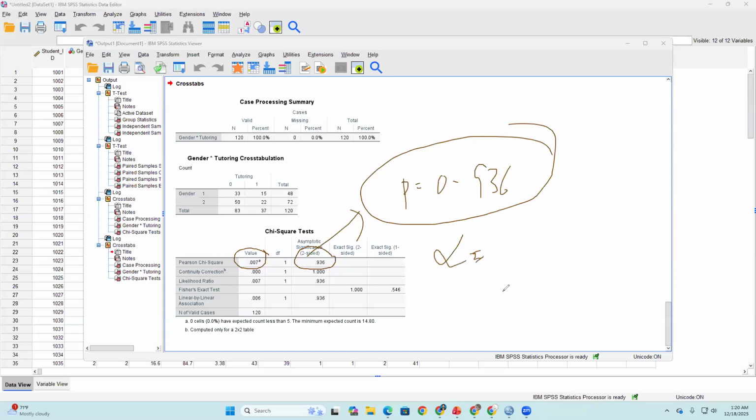What is our alpha? We haven't stated it, so 0.05. In this case, is the p-value greater or smaller? The p-value is greater. Yes. Now, what will you do? Will you accept or reject?